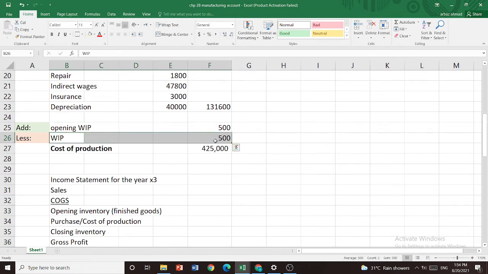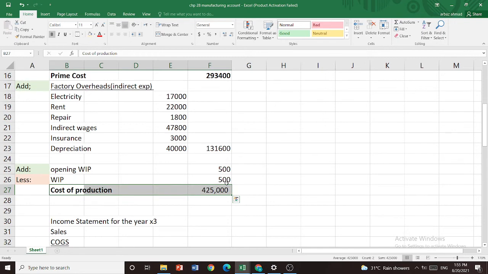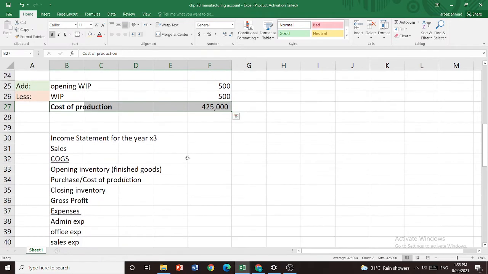This one is closing. That means how much you left this year when you were going to close the accounts, so you will get the cost. Now this is the cost of production, how much it actually cost you to make calculators, maybe 1000 calculators. Then you will have sales as normal, let's say XX.